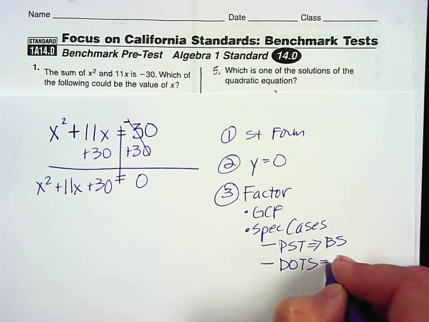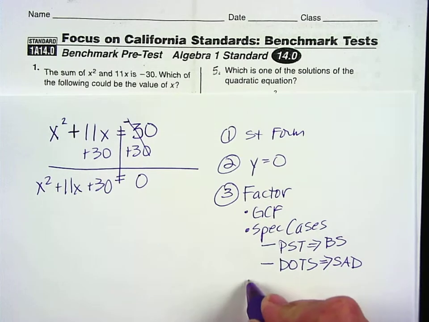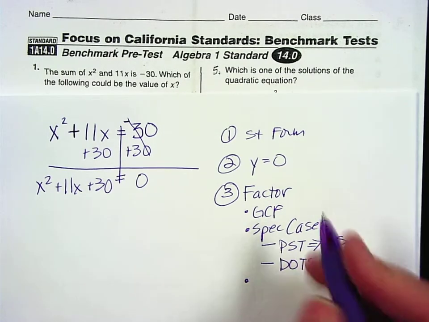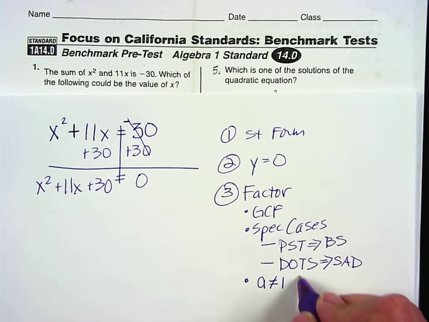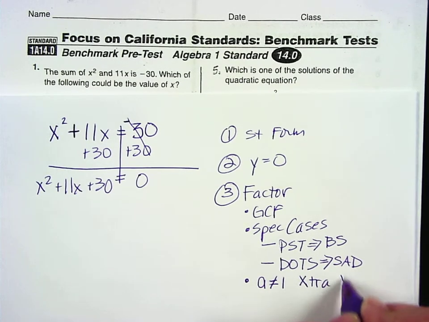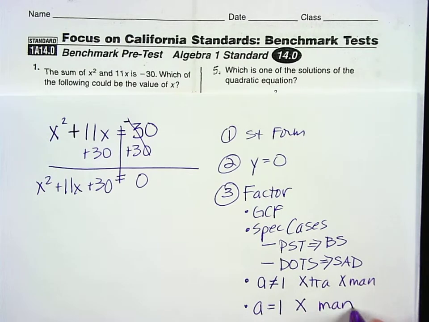If it's difference of two squares, I do sum and difference. If it's not a special case, if the leading coefficient does not equal 1, I use extra x-man. If the leading coefficient, which is the a term, does equal 1, then I use plain old x-man.